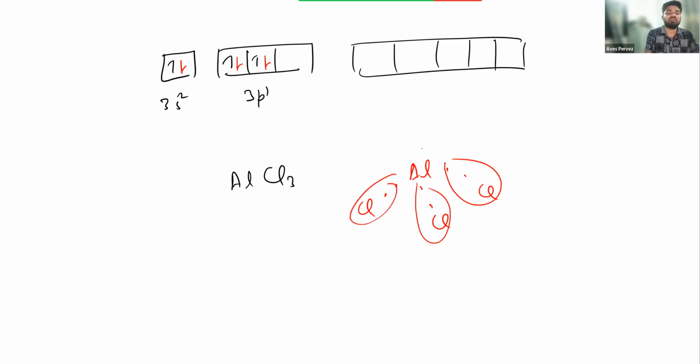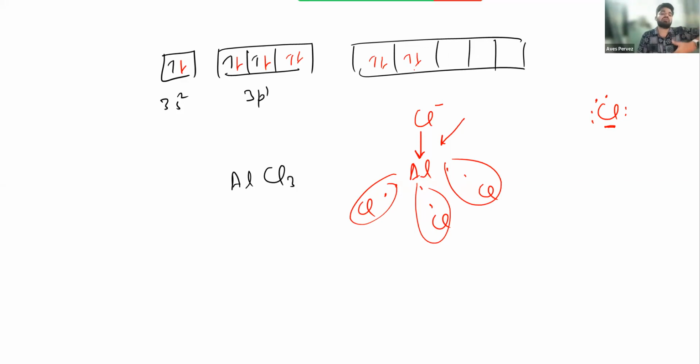But if another chloride ion with negative charge comes, chloride has a completely filled shell. So these 2 electrons are going to make a coordinate bond like this. Another chloride ion can come here, and here, and here. So it is possible, because AlCl3 is going to have vacant orbitals.